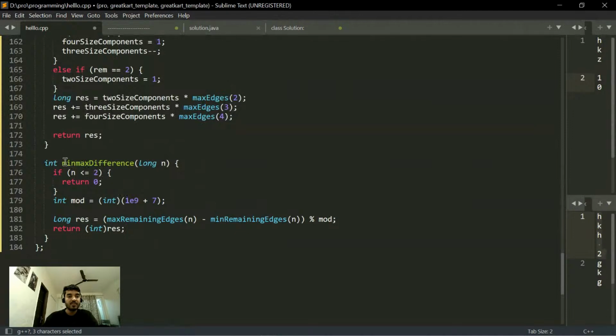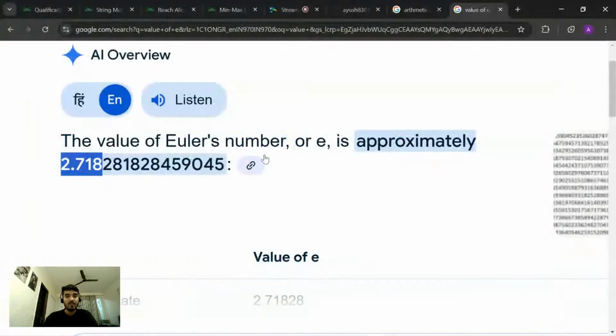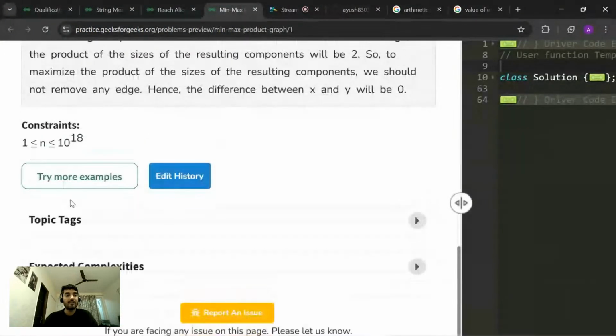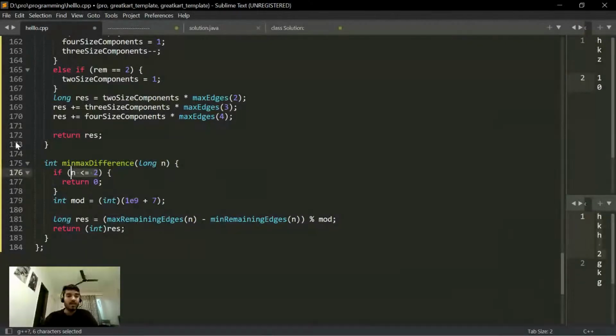So this is the method that you need to complete for a given n. If n is less than or equal to 2, then return 0. Let me quickly check: the value of n can be up to 18, right? If n is less than or equal to 2, then the answer is always 0, the value of x minus y, because the maximum product that you can achieve is 2 and there is only one edge.